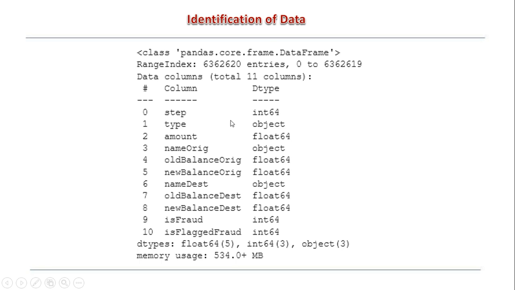Step is in integer form, which is the time duration when the transaction happened, the type of transaction, the amount, name of the origin organization, old balance and new balance, name of the destination, old balance destination, new balance destination, and whether fraud happened or not. This is a boolean value. Here 5 are float, 3 are integer, and 3 are object attributes.